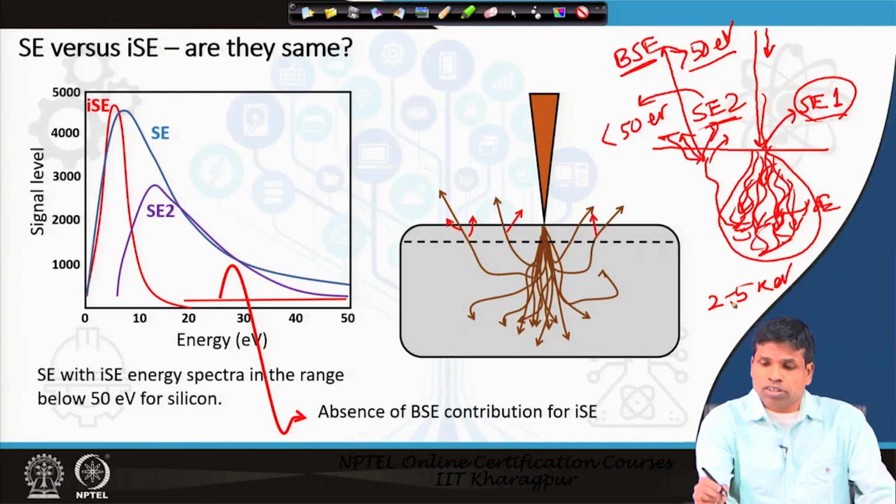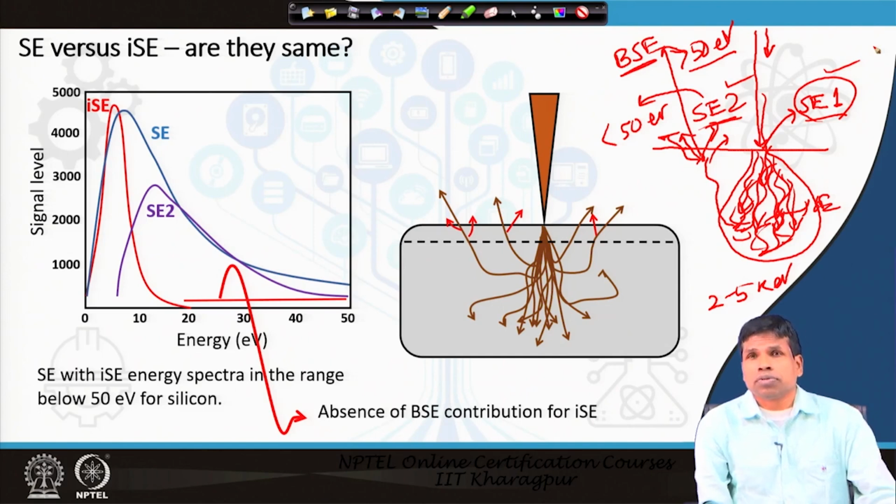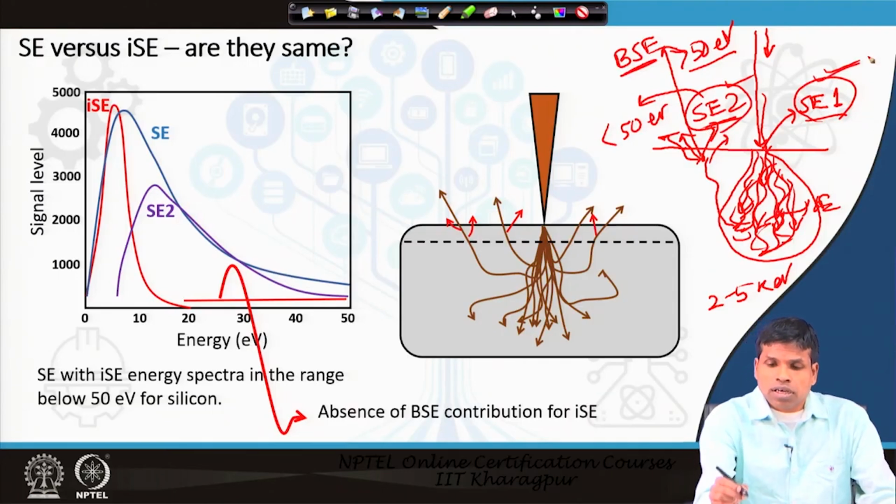Now, even though a lot of SE2 are generated, in the scanning electron microscope, or SEM, more SE2 is generated as compared to SE1.